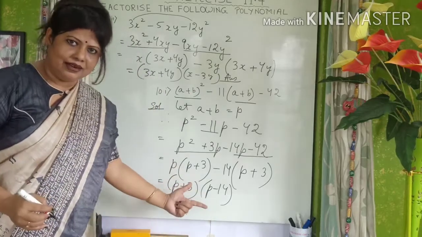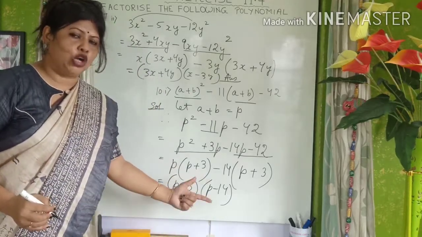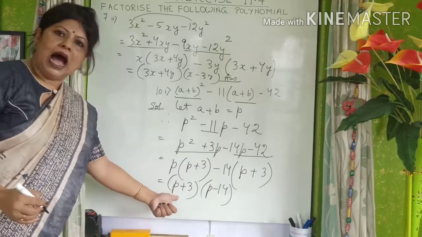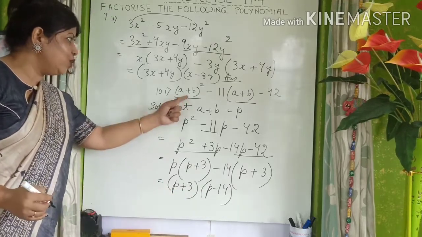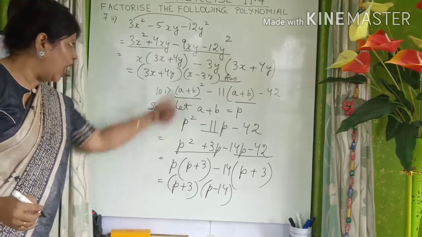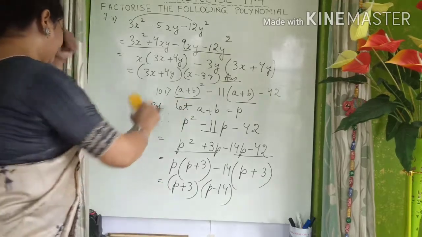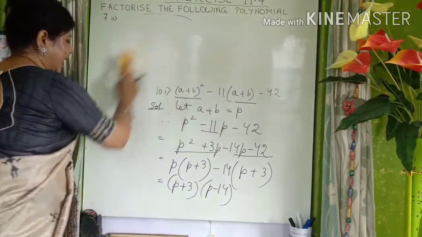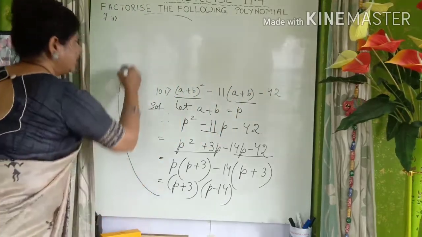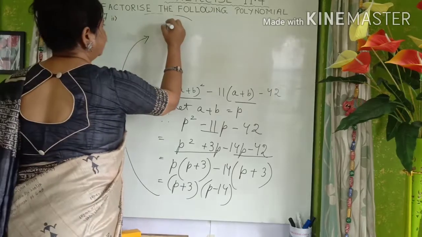Is this the end? No, it is not. Why? Because our question format was not in P. Our question was a plus b whole square. So after this step, what do you write?